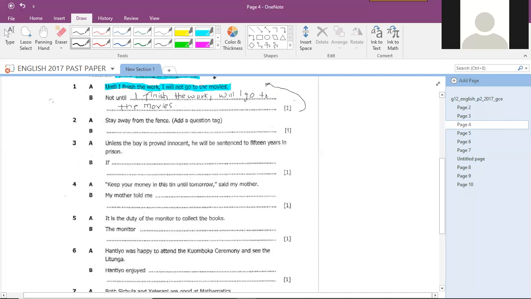And I've separated the two because remember the rules say do not add two sentences, so you can add a comma there. You shouldn't write it as not until I finish the work, full stop, will I go to the movies, full stop. You will get it wrong because they've said don't add two sentences.